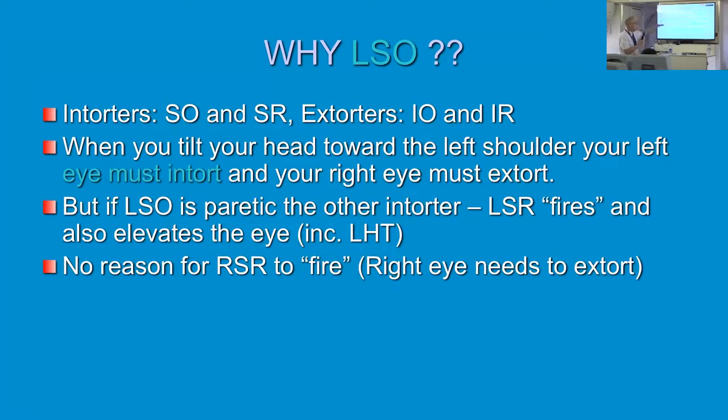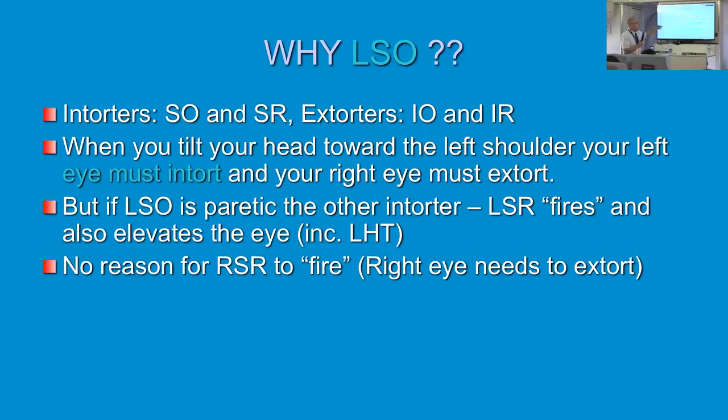Okay, so when she tilts her head to the left, if the left superior oblique is weak or paretic, then the other intorter, to move that eye to the midline, to bring that 12 o'clock position to the midline, is the left superior rectus. That's the other intorter in the eye, okay?